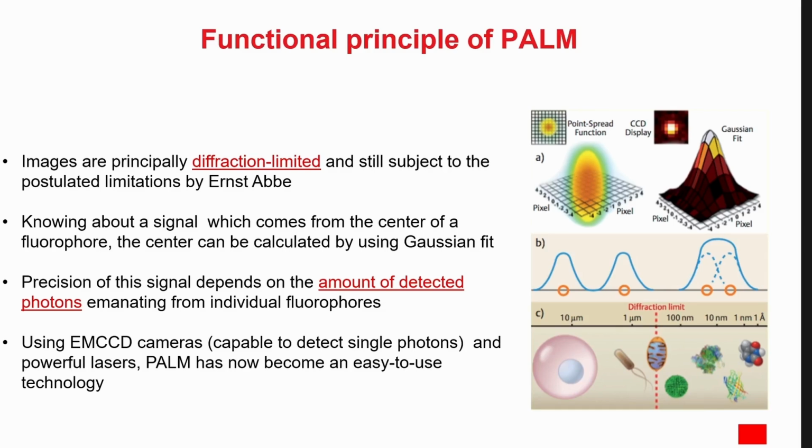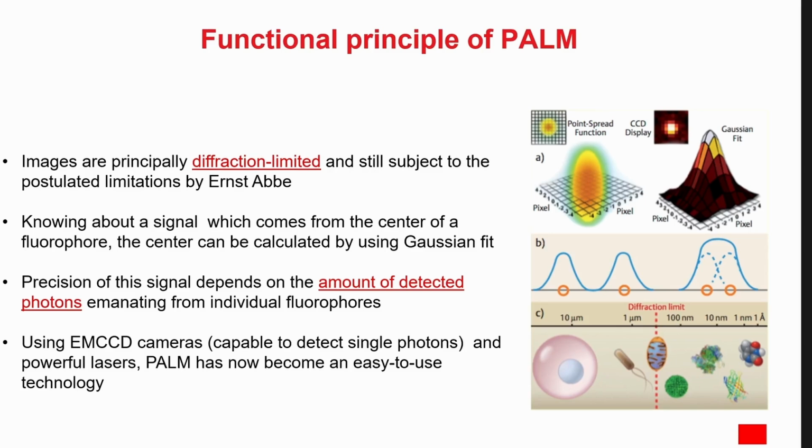So how do I define the resolution of a localization microscope? Well, it's simply the width of the Gaussian distribution, the full width at half maximum. Now, how do I improve the full width at half maximum? Again, with more photons. So the goal will be molecules which can be put into a state where they come back slowly from the excited state to the relaxed state.